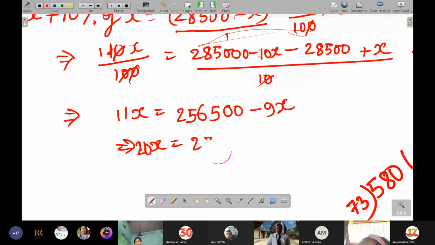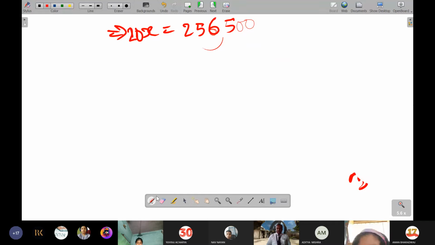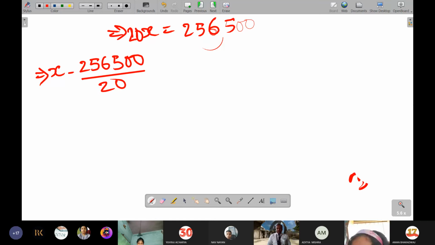20x is equal to 256500, and then we can write x is equal to what? 256,500 divided by 20. So what will happen? The 0 0 will be cancelled, and then 2 and 2, 2 2 is 4, 2 3 is 6.